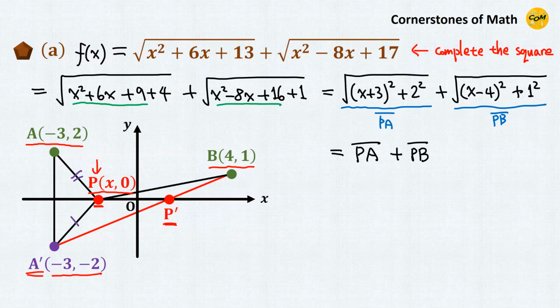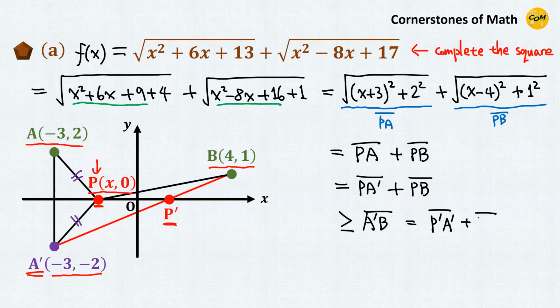Then, since these two lengths are equal, we are looking for the minimum value of PA prime plus PB, and it can be easily noticed that this is greater than or equal to length A prime B, which is equal to length P prime A prime plus length P prime B.